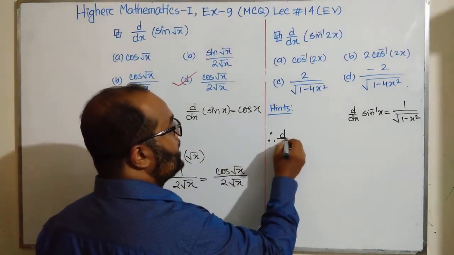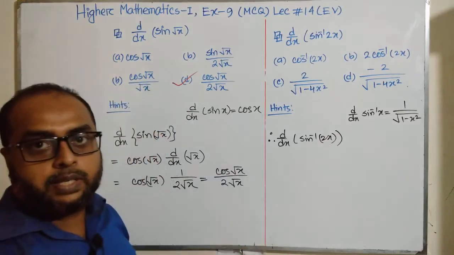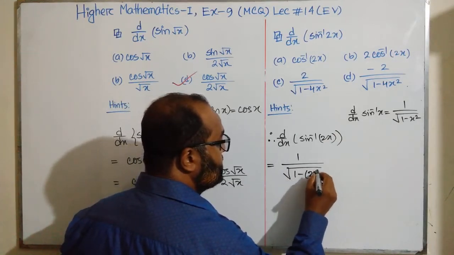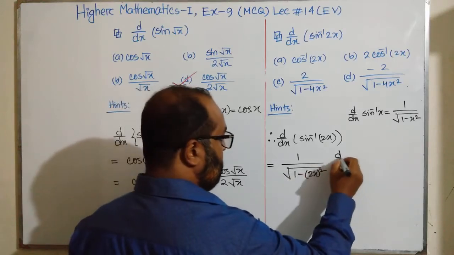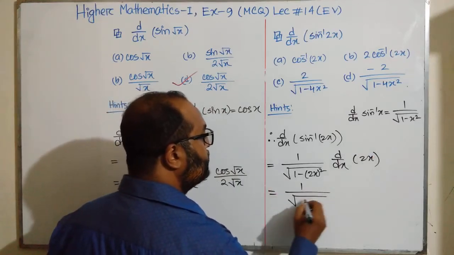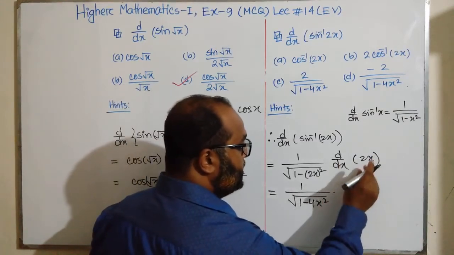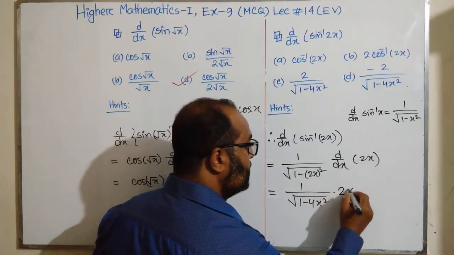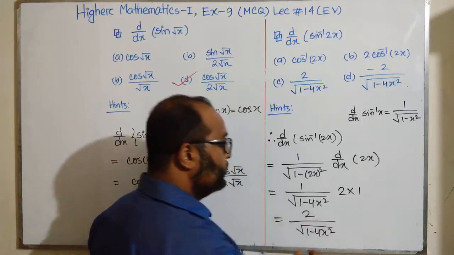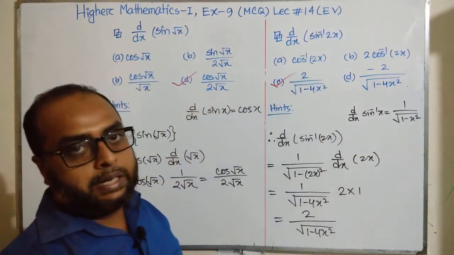So d/dx of sin inverse 2x, consider 2x as x, then the formula is 1 by root over (1 minus x square), that means (2x) whole square, and again we have to differentiate 2x, this equals 1 by root over (1 minus 4x square) into d/dx of 2x. d/dx of x is 1 and here 2 is constant, so we get 2 into 1, this equals 2 by root over (1 minus 4x square). So here option C is the correct answer.